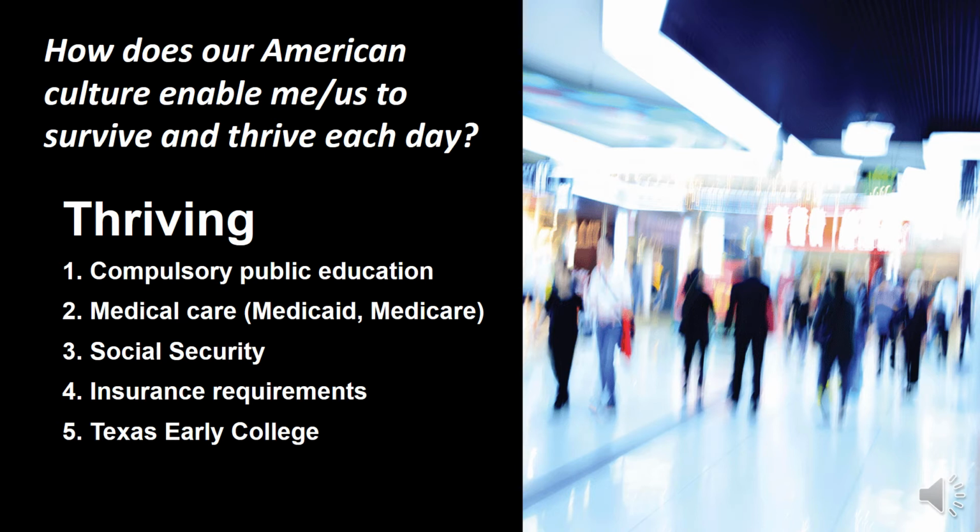The predominant population did not go to college, had a high school diploma. And so the state decided, hey, that's not going to be good for the future of the state economy. And so what we need to do is figure out some ways to get our students, predominantly Hispanic students, into college and into careers. And so what they developed was a Texas Early College program.